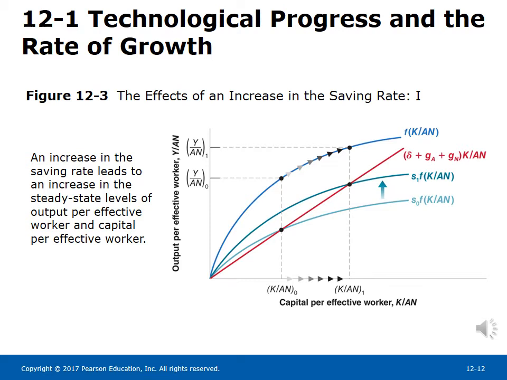The new steady state level of capital per effective worker and output per effective worker are higher, given by the point where the new investment per effective worker and the investment needed to maintain capital per effective worker constant curve, red line on graph, intersect.